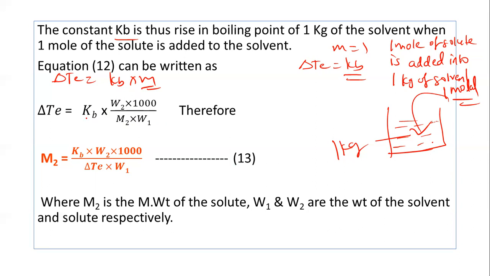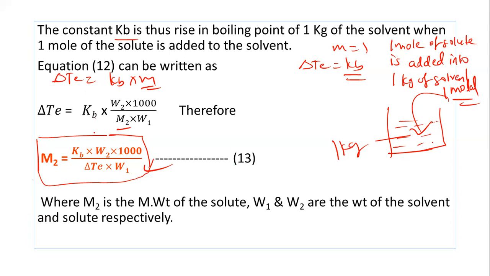So we can write M2, the molecular weight of the solute, equal to Kb into W2 into 1000 divided by delta Tb into W1, where Kb is the molar elevation constant, W2 is the weight of the solute, delta Tb is the elevation in boiling point of the solvent, and W1 is the weight of the solvent. So in this way we get the molecular weight of the solute according to this equation, and it is related to delta Tb, the elevation in boiling point of the solvent.